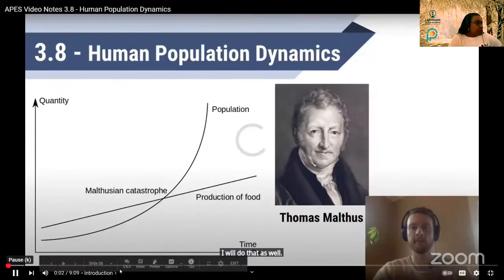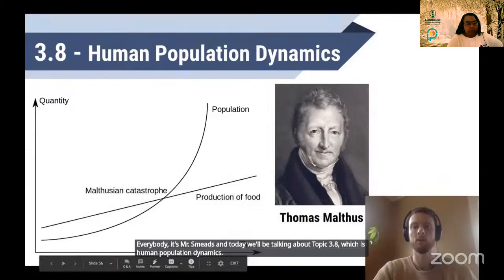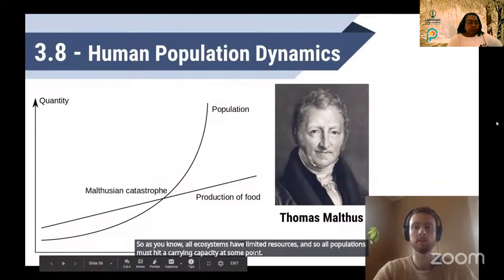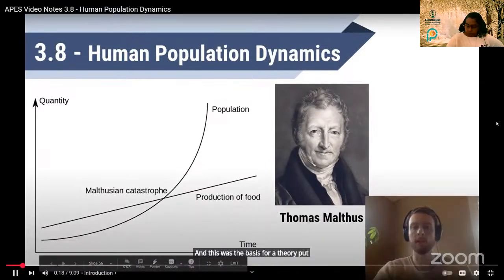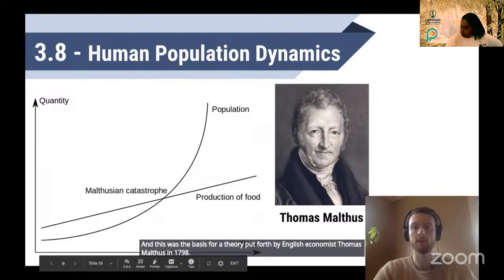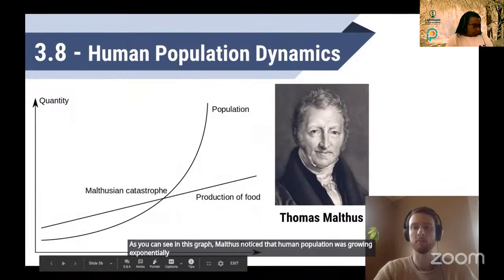Hey everybody, it's Mr. Smeeds, and today we'll be talking about topic 3.8, which is human population dynamics. As you know, all ecosystems have limited resources, and so all populations must hit a carrying capacity at some point. This was the basis for a theory put forth by English economist Thomas Malthus in 1798. As you can see in this graph, Malthus noticed that human population was growing exponentially, or at its biotic potential.